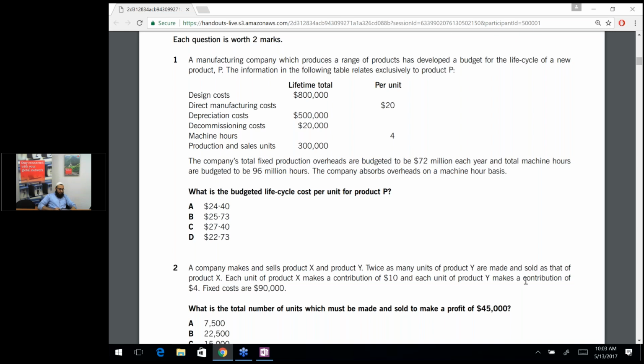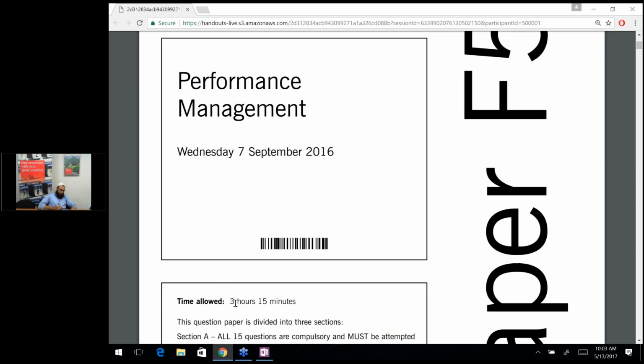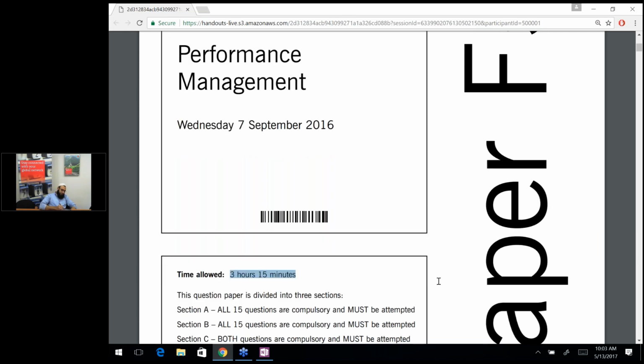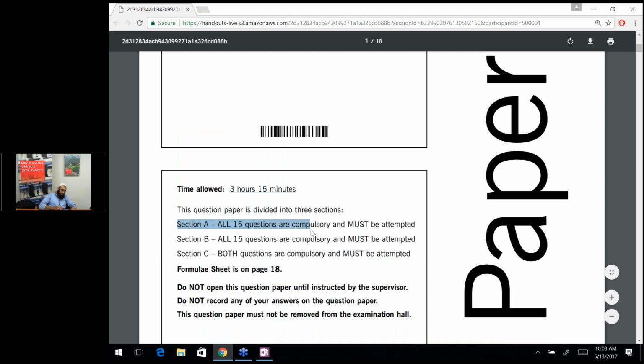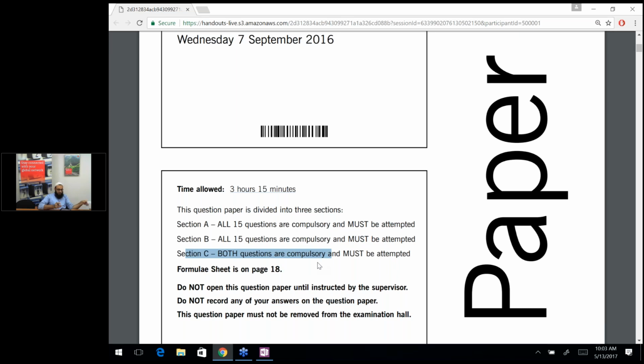Now, this is a paper. I'm sure you must have solved the mock. This is a 3-hour 15-minute paper, and as I told you in the first class, it includes Section A, 15 questions, which are compulsory. Section B includes all 15 questions. Again, there are compulsory questions. Section C includes both questions, which are compulsory and must be attempted.